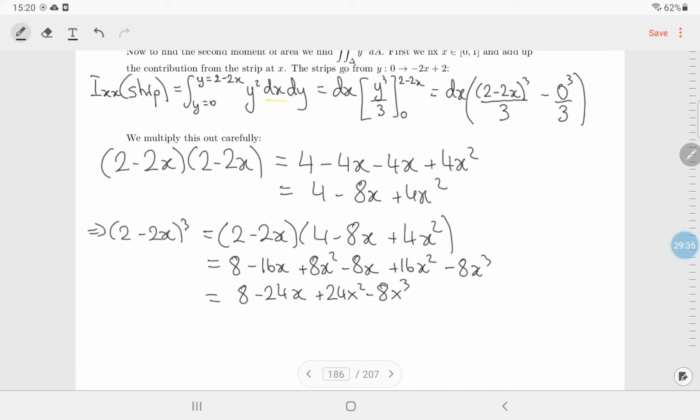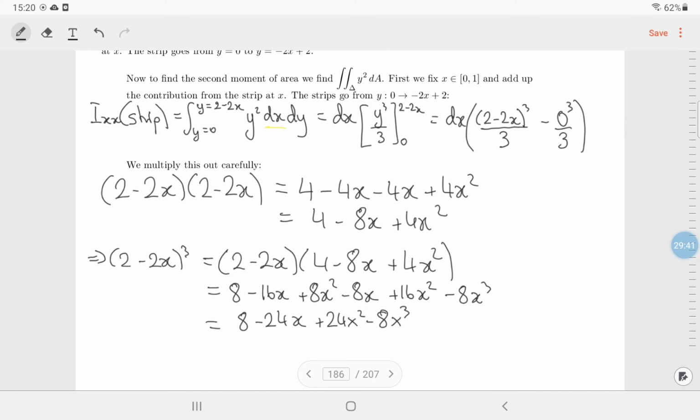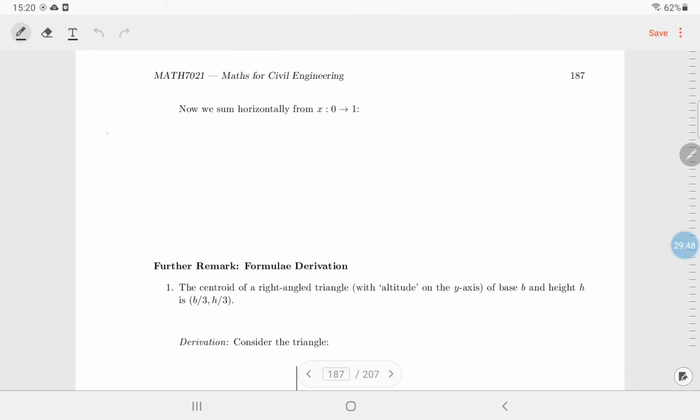Okay, so we need to integrate that divided by 3 dx on the next page, added up from x equal to 0 to x equal to 1. So the second moment of area, hopefully I can remember that now, of the triangle is equal to the integral from 0 to 1 of (2 minus 2x) all cubed, which we just calculated to be 8 minus 24x plus 24x squared minus 8x cubed.